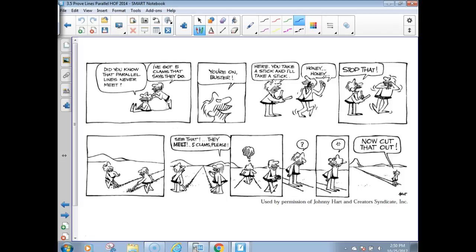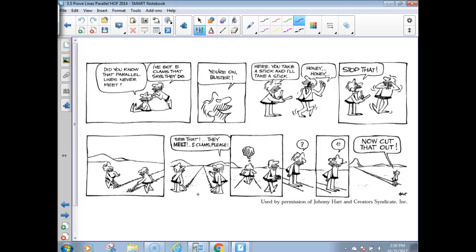So they both take a stick, and he's being silly, and then he yells at him to stop it. They start drawing their lines in the sand, walking and walking, keeping their lines parallel. Then they stop after they go quite a ways, and he says, stop. See that? They meet. And he makes the guy give him his clams.